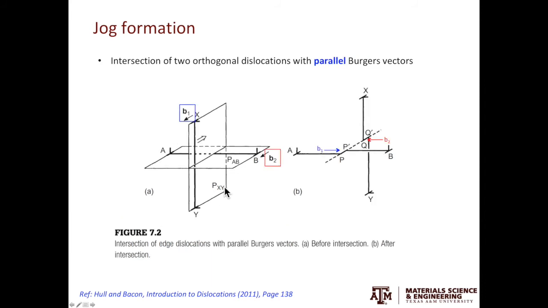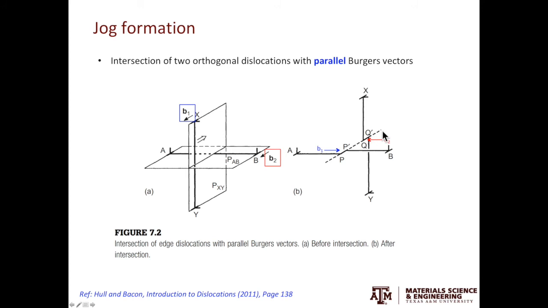Let's look at the second scenario. In this case, again, we have two dislocation lines perpendicular to each other, but the Burgers vectors are parallel to each other. Holding AB still, glide the dislocation XY. After the dislocation interaction, two jogs are created.